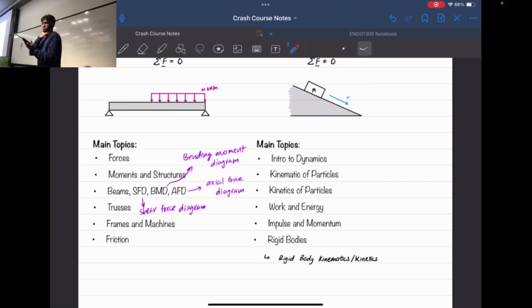It's not that relevant. You might see it here and there, but you're not going to be doing many questions on it. What I'm going to be going through is introduction to dynamics, kinematics of particles, and the kinetics of particles.